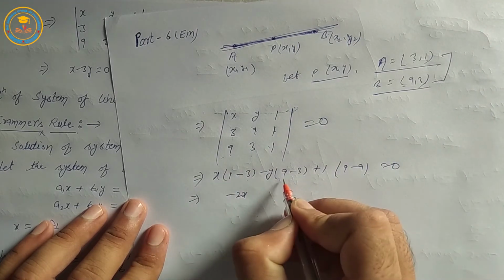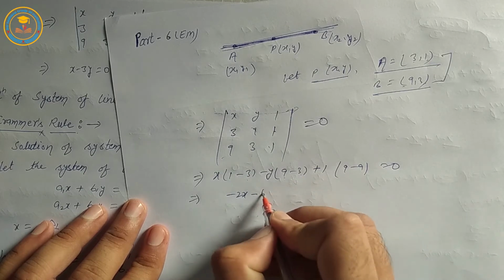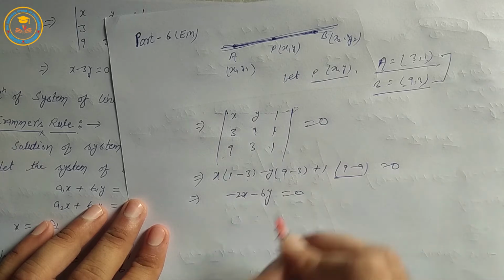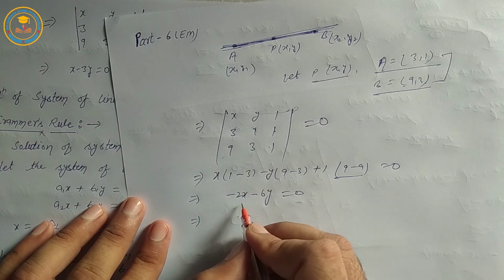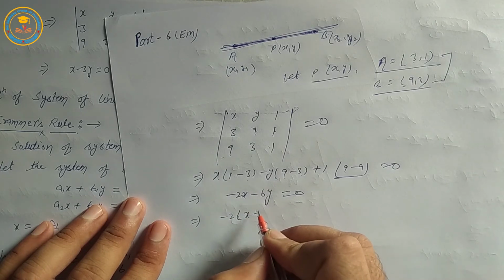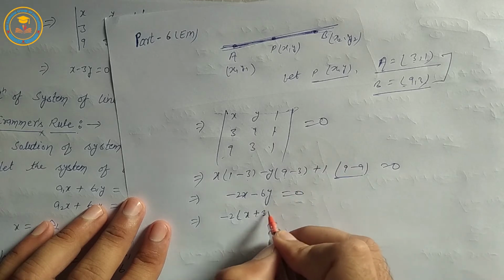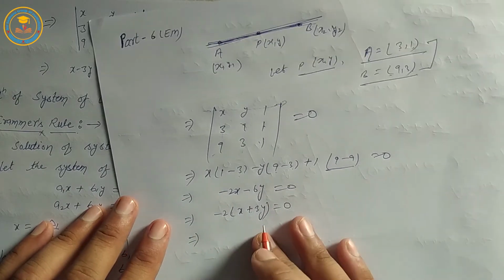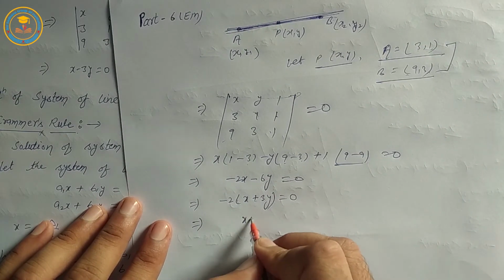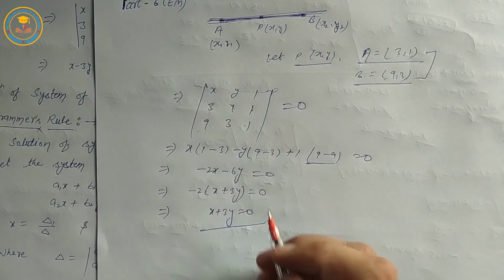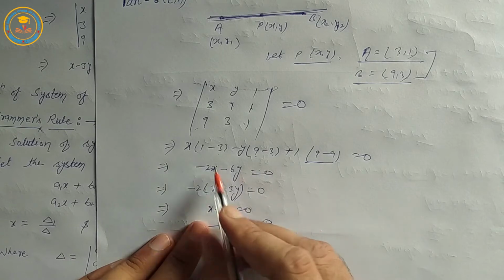Minus 2x plus 6y plus 0 is equal to 0, so minus 2 into (x minus 3y) is equal to 0.